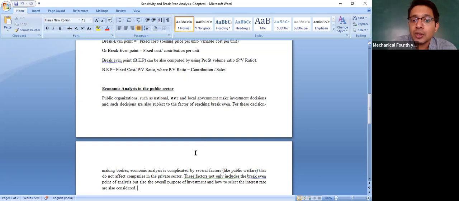But in the public sector, we think of how we can create more welfare schemes, and that is also the aim of the public sector.